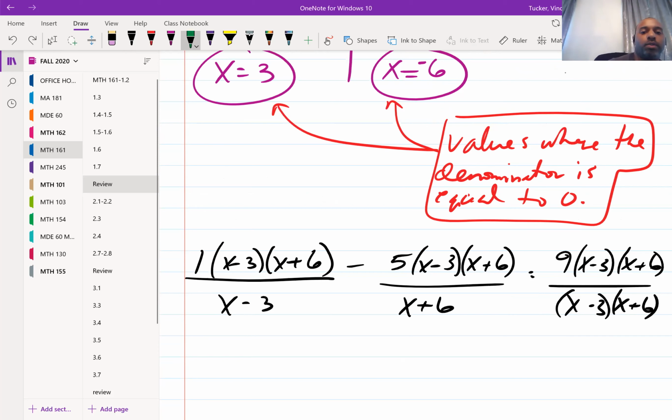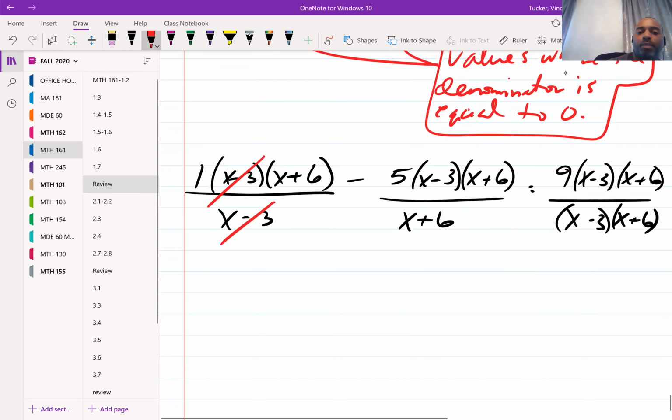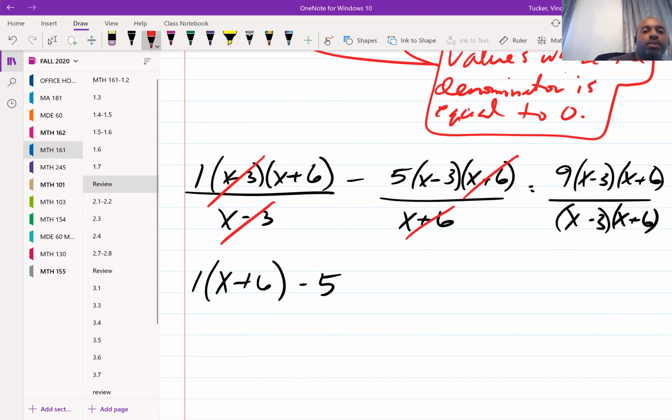All right, so now we can go ahead and cancel out what's in common with the top and bottom. So x minus 3 cancels in the first one, leaving us with 1 times x plus 6. Next one, x plus 6 cancels, leaving us with 5 times x minus 3. And then the next one is just 9 because each one of these cancels.